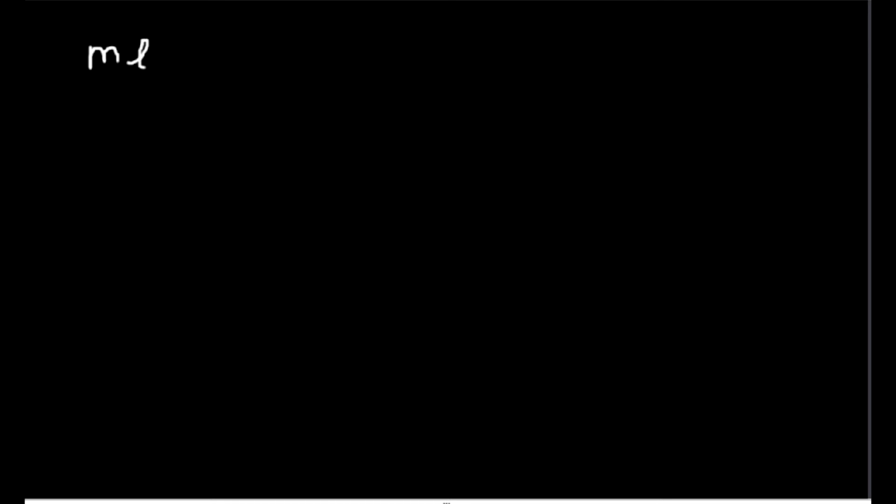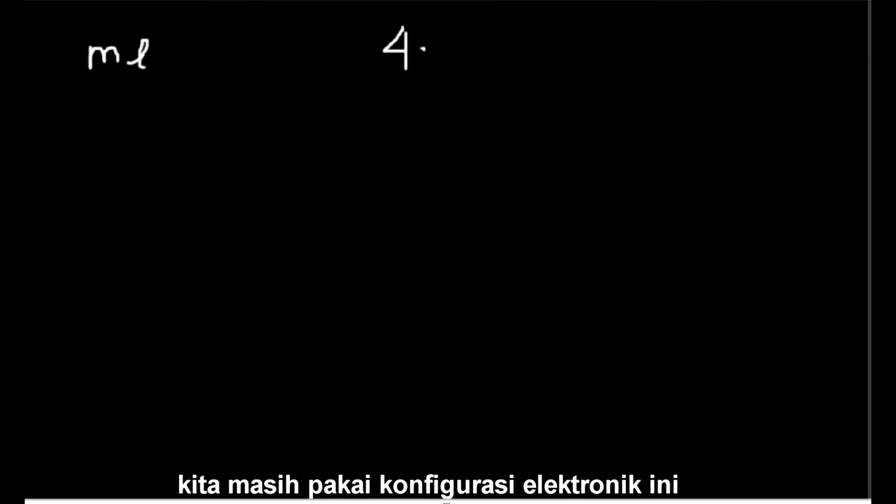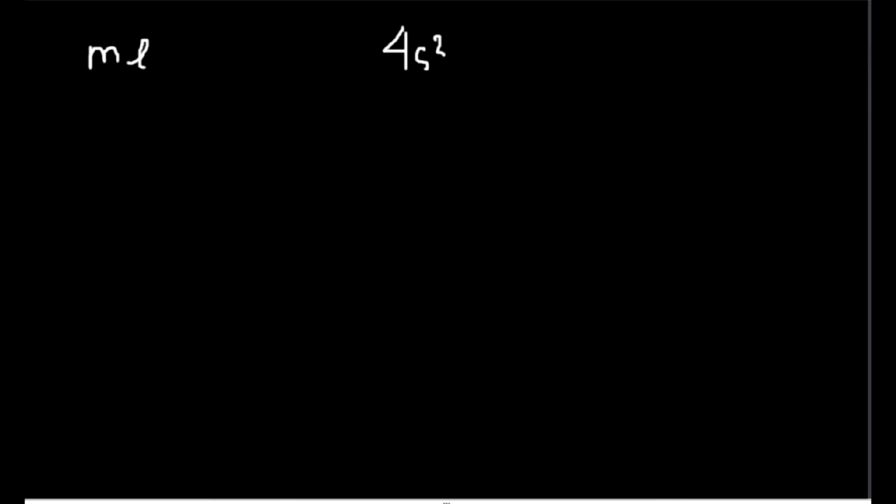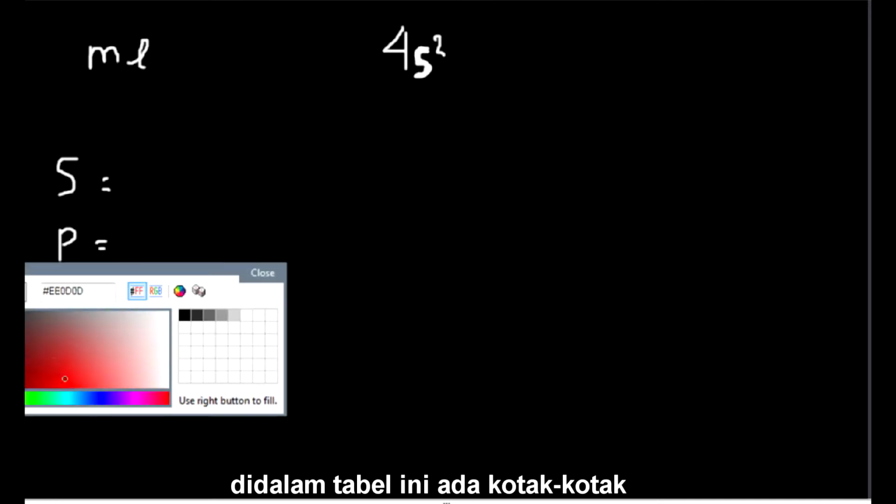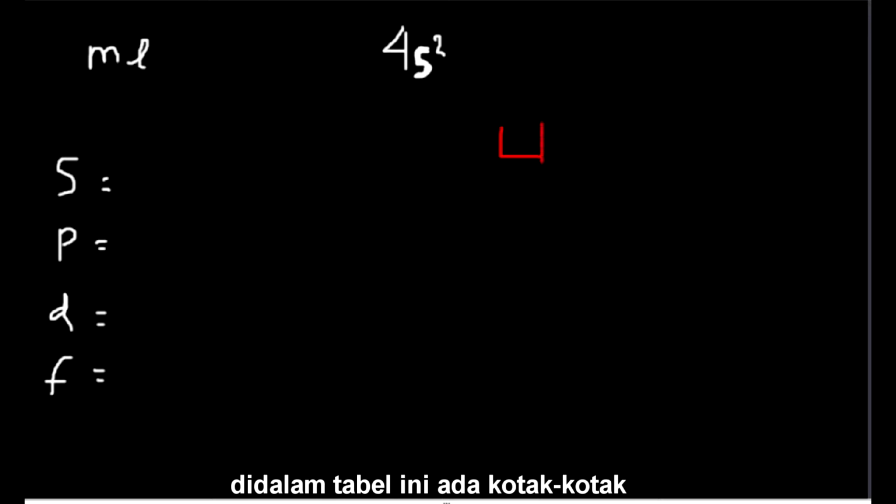Alright guys, since we've already discussed how to get the N and the L, we're gonna go into the ML part of this topic. Now the ML. So we still use this electron configuration, right? We're gonna be using this a lot. Again, there's going to be a table which consists of S, P, D, and F. We have these things, we call them boxes, but they're actually orbitals.